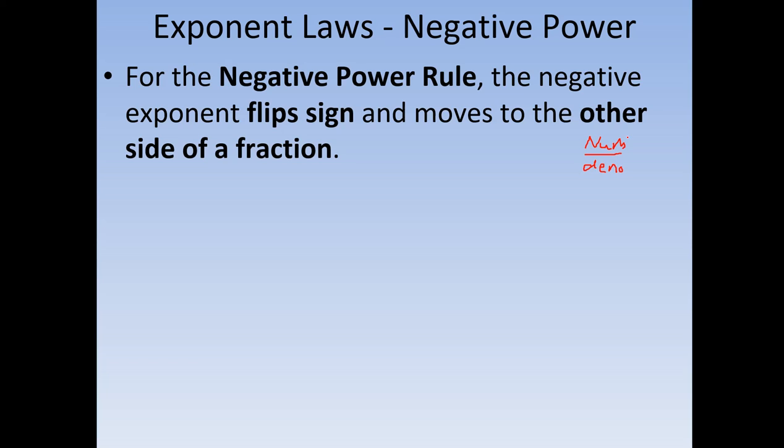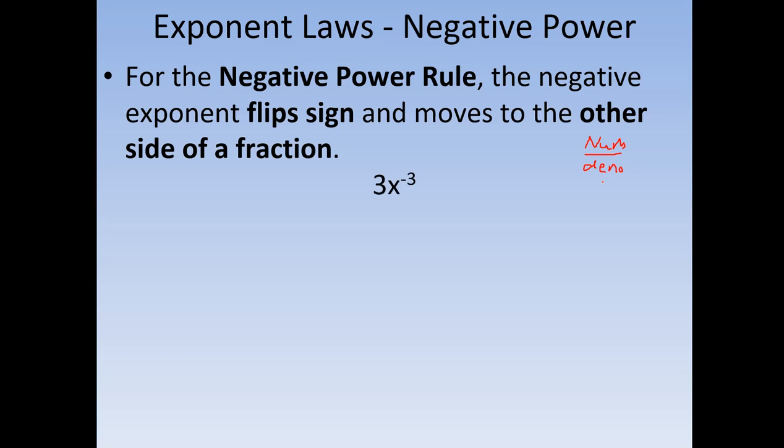The numerator is up top and the denominator is on the bottom. If we have a number in the denominator that has a negative exponent, we can flip the negative to a positive and move it up to the top into the numerator. And vice versa. If it was in the numerator with the negative exponent, we could flip it down into the denominator by making that exponent positive.